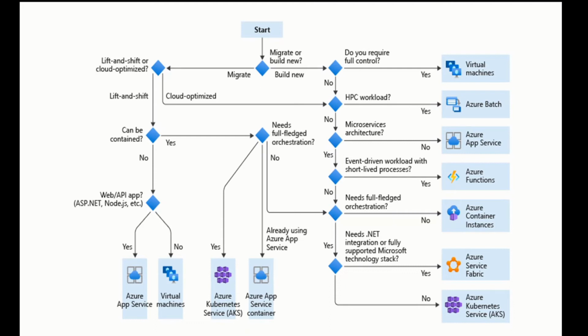Now, obviously, if you can split up that app into different applets or different microservices, you have different options. So you could split it up into Azure Service Fabric as the platform to build that application and use the entire Microsoft technology stack in there.